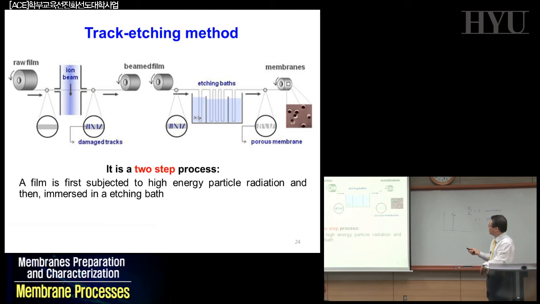These are the regions where your beam passed through. So the ion beam intensity will determine how many holes you have, and the etching time will determine the length of your holes as well.